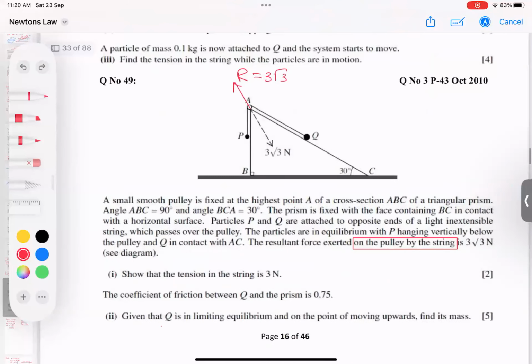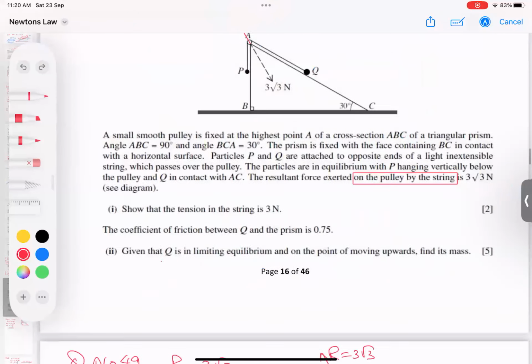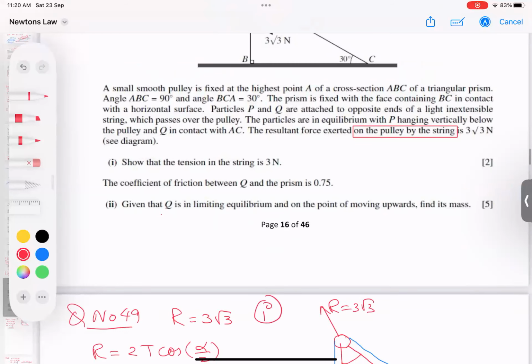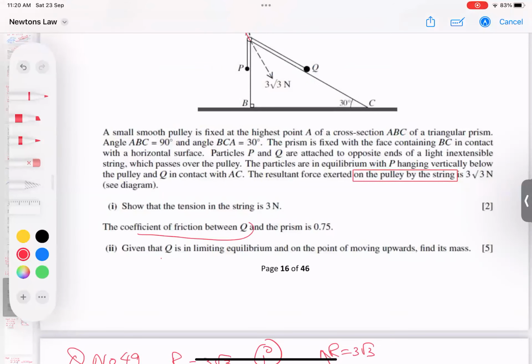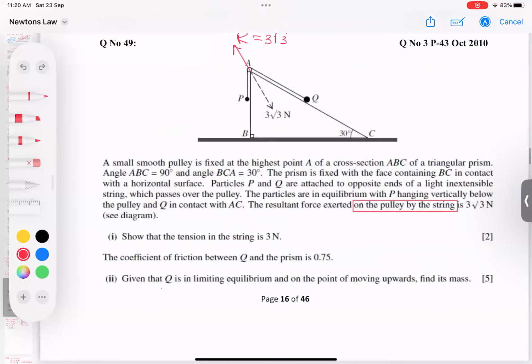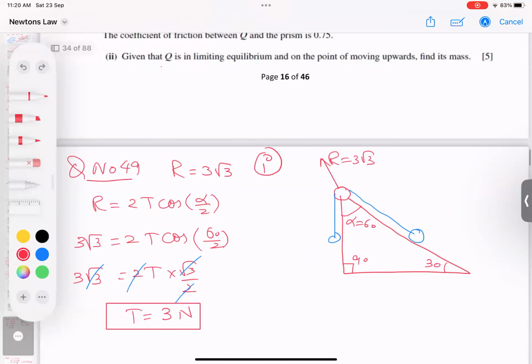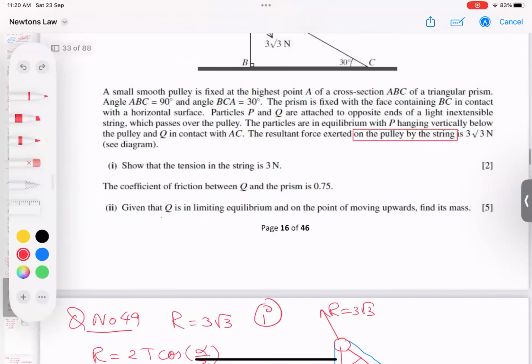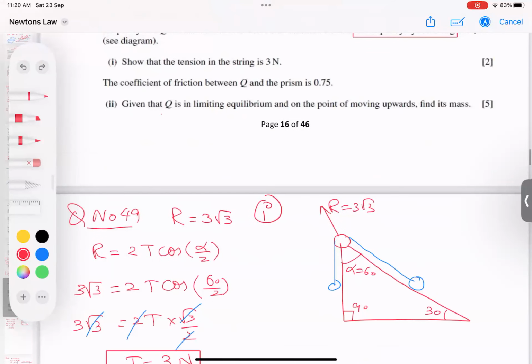The first part is done, part number 1 is over. For part number 2, he said the coefficient of friction is given as 0.75. Now I'm resolving the forces. It is mentioned that Q is in equilibrium at the point of slipping, find its mass. So we have to find it. First of all, the system is in equilibrium.